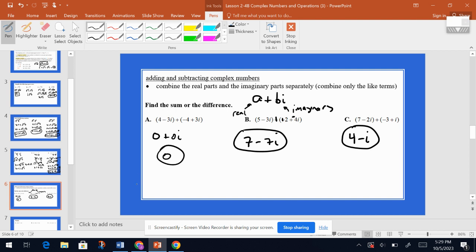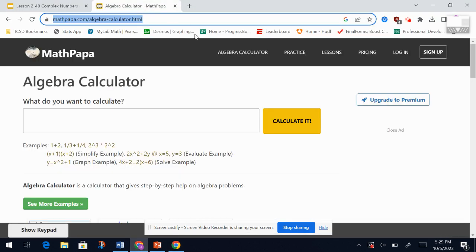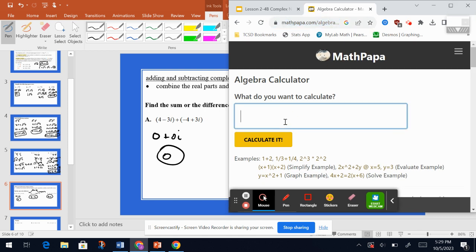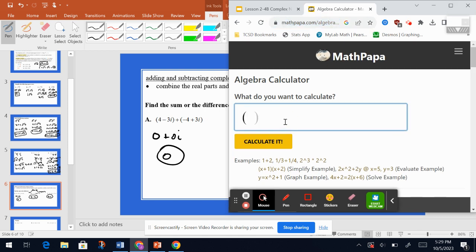Now, like I said, I'm going to show you a simpler way to do this. I'll share this on Google Classroom. If you go to this calculator, it's called Math Papa, and I'm going to share it with you. If I type in exactly what it looks like, 4 minus 3i, some parentheses, then a plus, and then -4 plus 3i, it's going to give you the exact answer when you hit calculate.